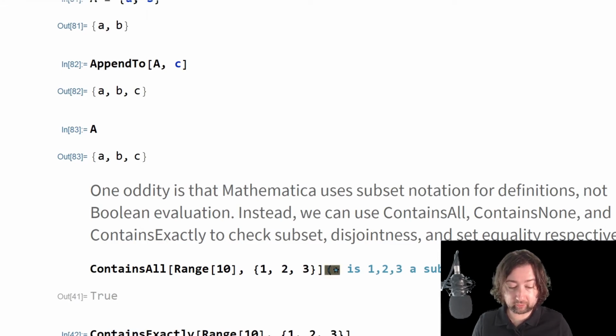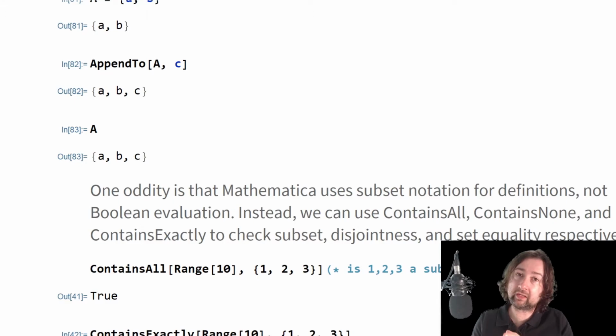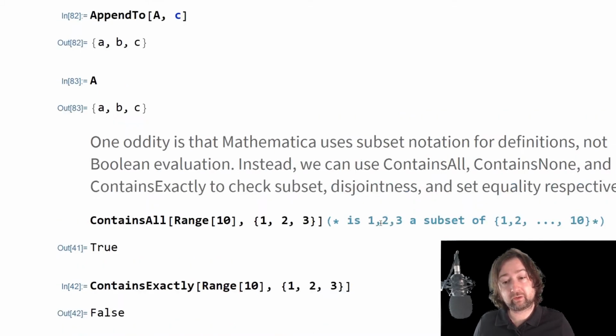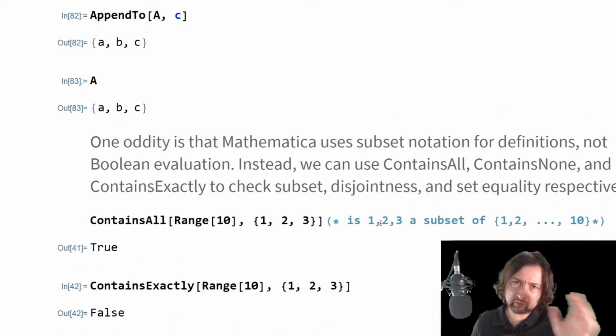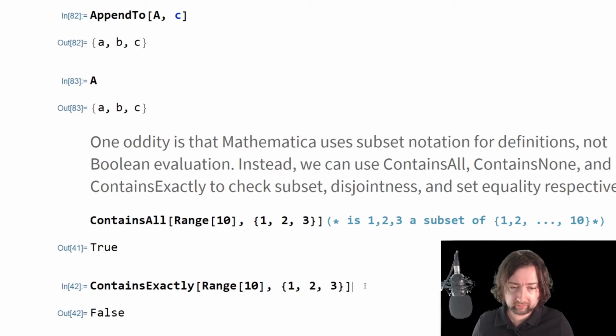So the big set, the set you're suggesting is the large set, goes on the left as the first entry, and the set that you're inquiring about, if it is a subset, goes on the right. And so ContainsAll is how you check: is B a subset of A? ContainsExactly is a check for set equality. Remember, two sets are equal if all of their elements are exactly the same. So this is a check for set equality.